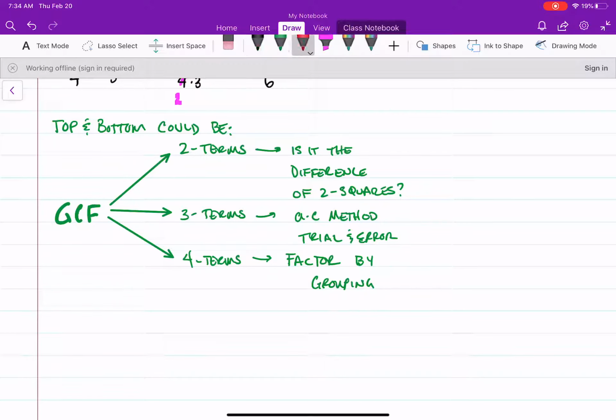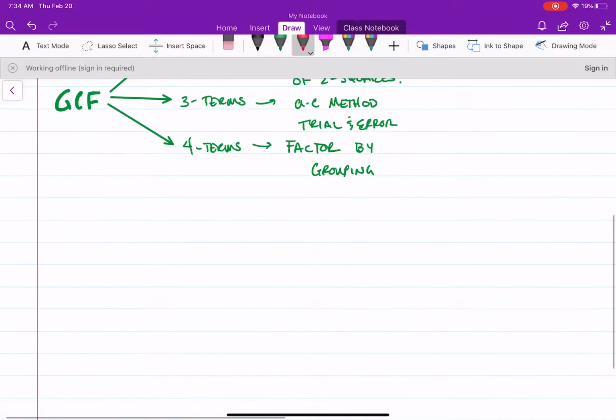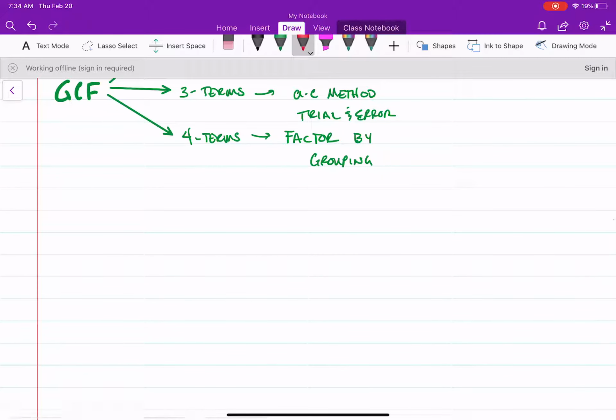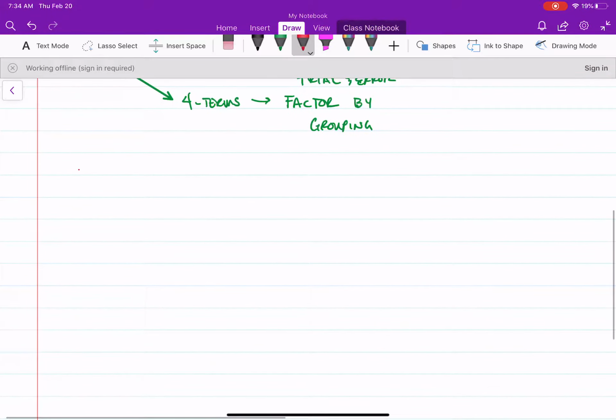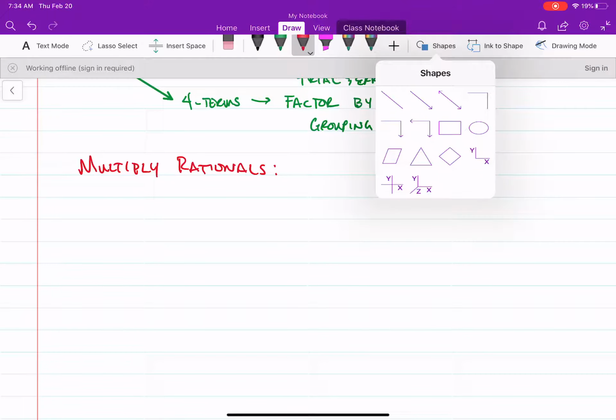All right, so I'm going to give you some steps here. Actually, you know what, let's write this down. So when we multiply rationals, here are our steps.